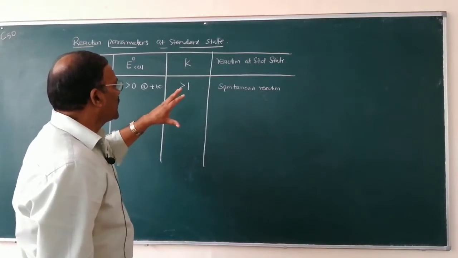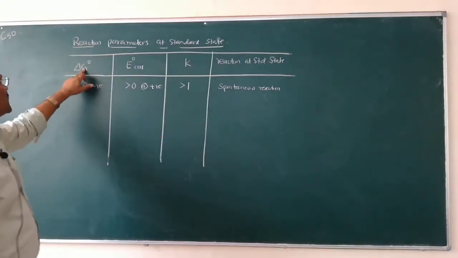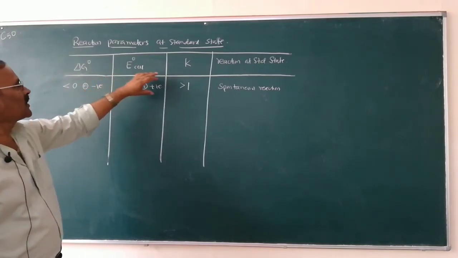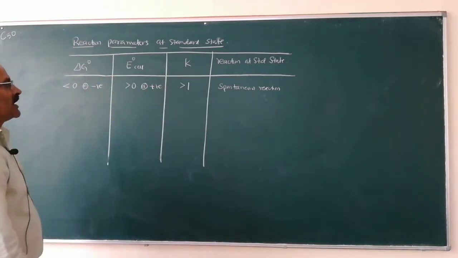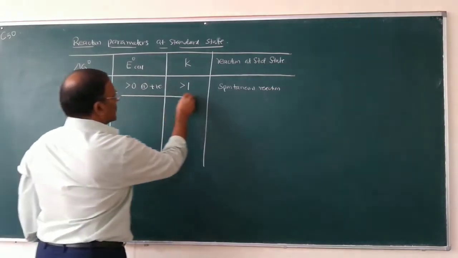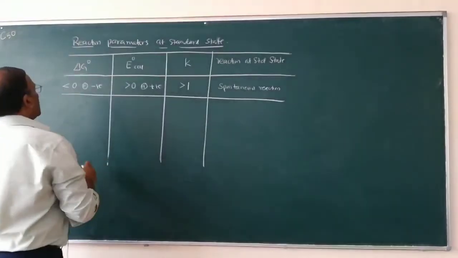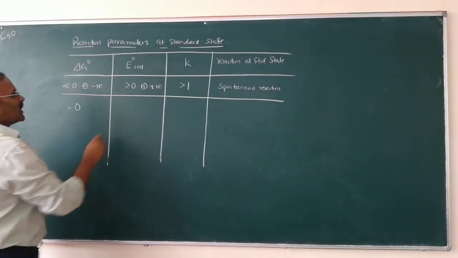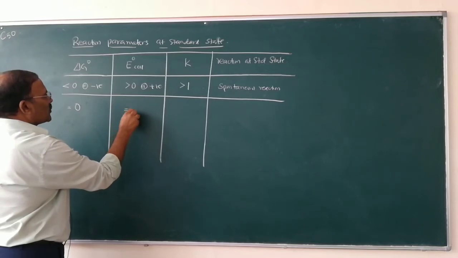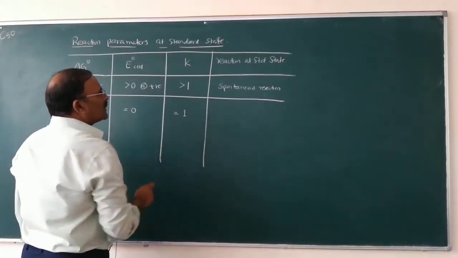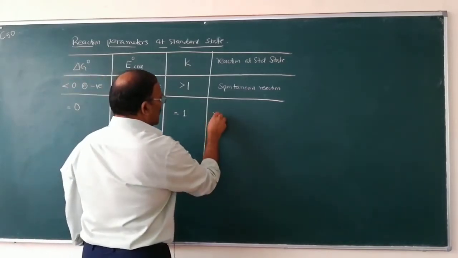So, three conditions are there. If delta G naught is less than 0, if E naught is greater than 0, K is greater than 1, the reaction at standard state is spontaneous. And if delta G naught equals 0, if E naught is also equal to 0, if K is equal to 1, the reaction is at equilibrium.